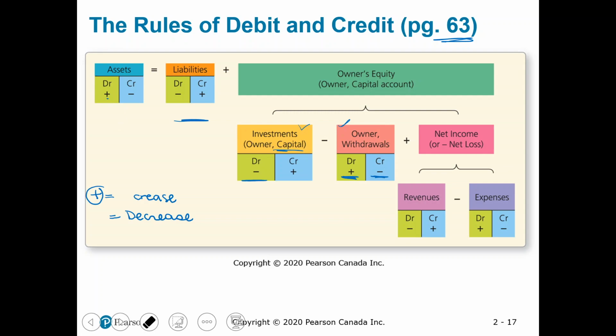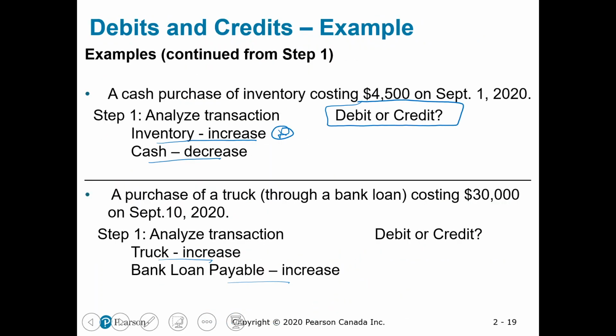Inventory is an asset, which is right here, and we said that we needed to increase that. So we find the plus sign here, which means that we need to debit this. So we can go back here. This will equal a debit.